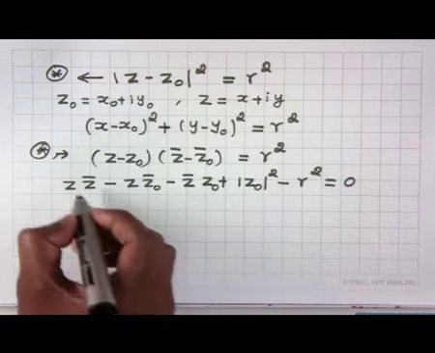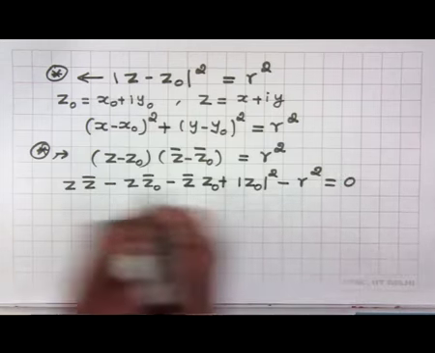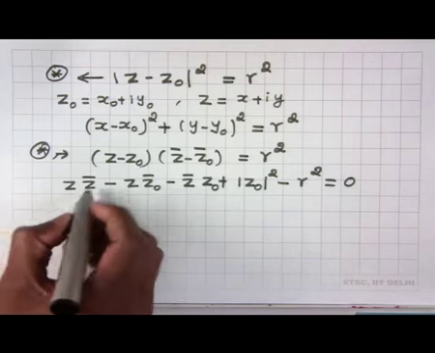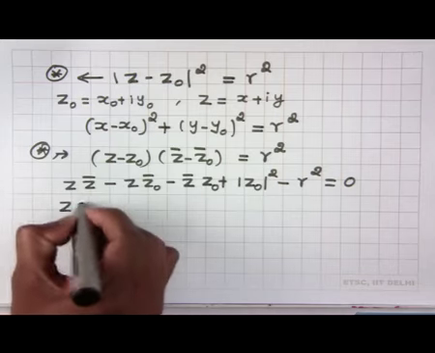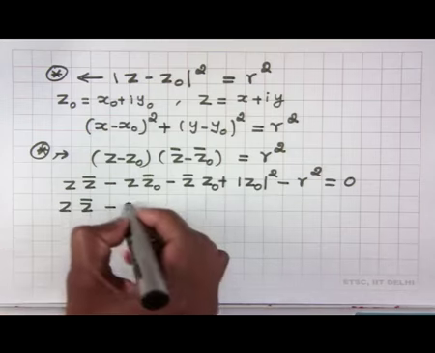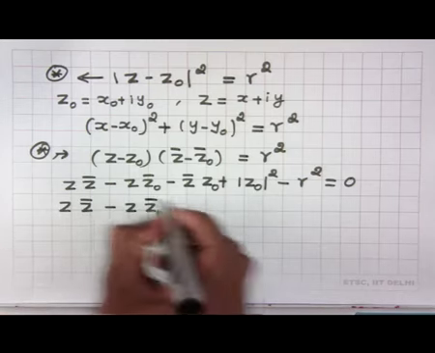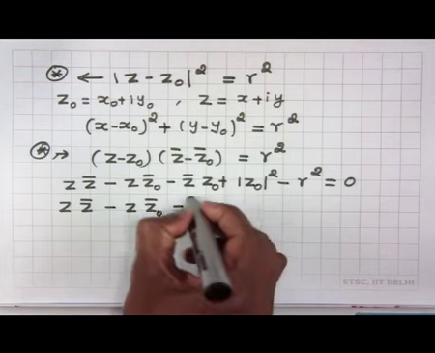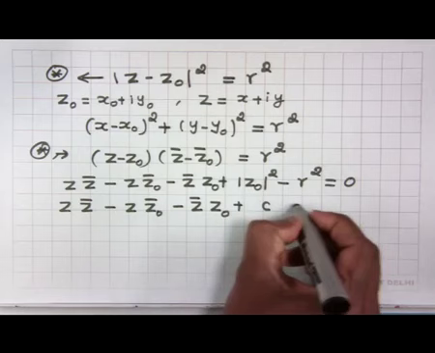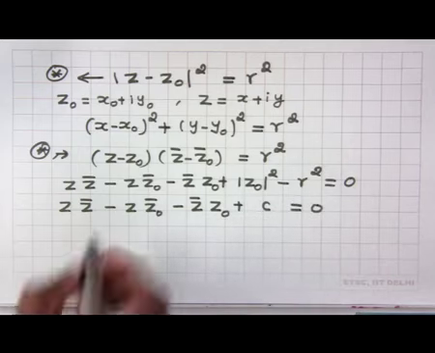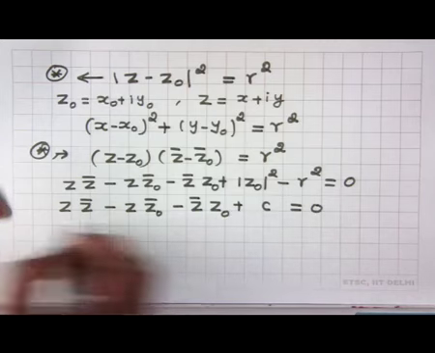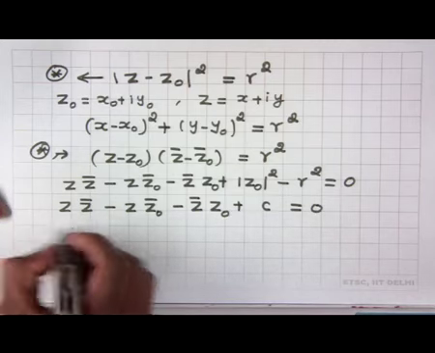Now this looks a little more general, in the sense that we could see the equation of the form z z bar minus z z naught bar minus z bar z naught plus some c equal to 0, which denotes a circle provided the following condition holds.